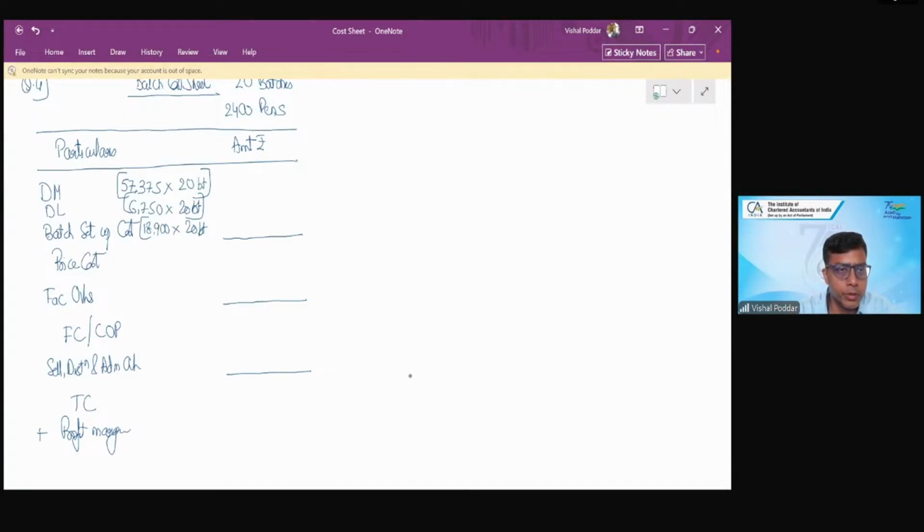Ishant has given me something. Acha, he's giving me the answer. So it is 1,147,500. Yes. Shifimol says 1,147,500.